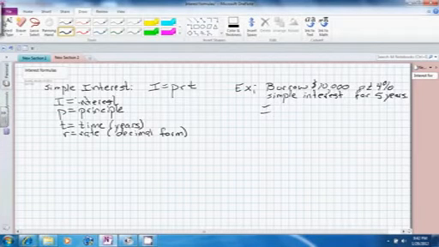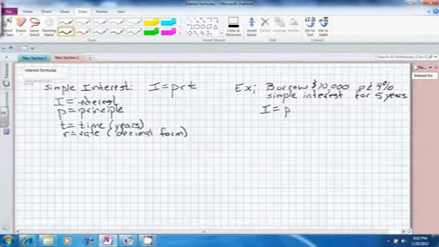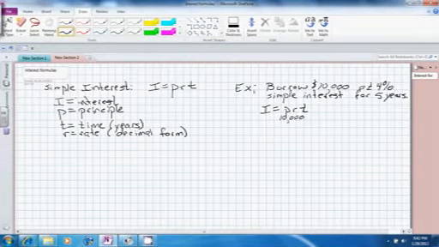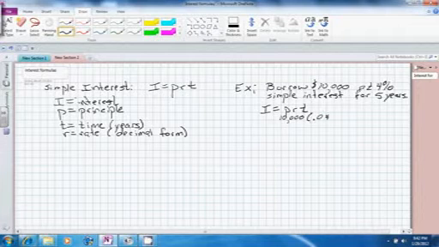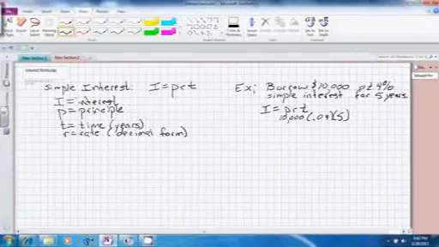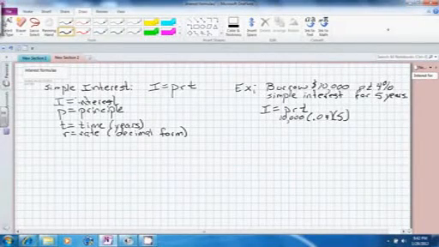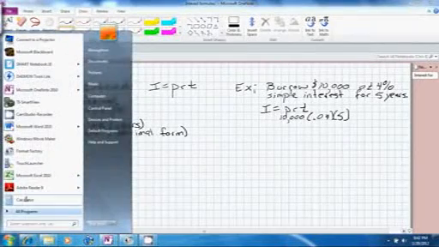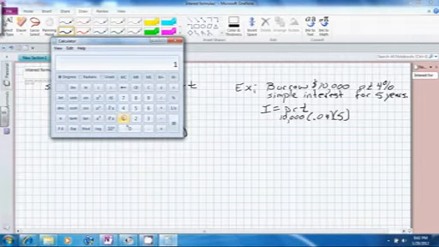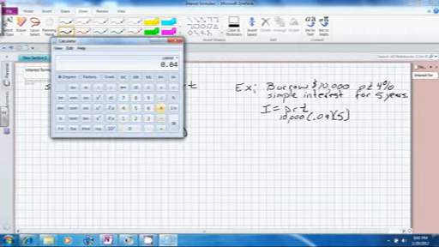So the interest, I, equal principal times rate times time. So that's 10,000 times 0.04 multiplied by 5. Which, if we use our calculator, is 10,000 times 0.04 times 5, which gives us $2,000.